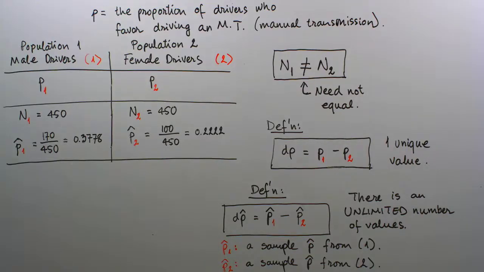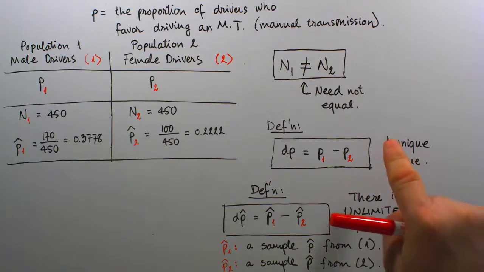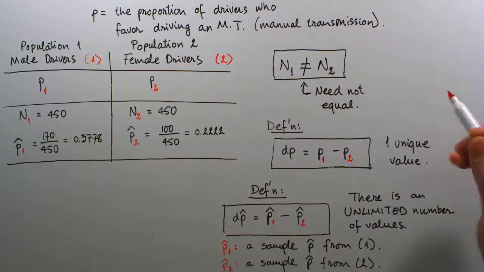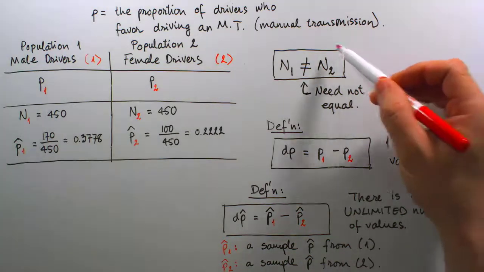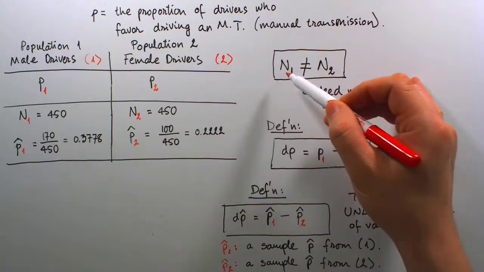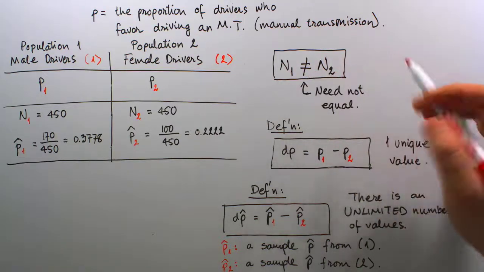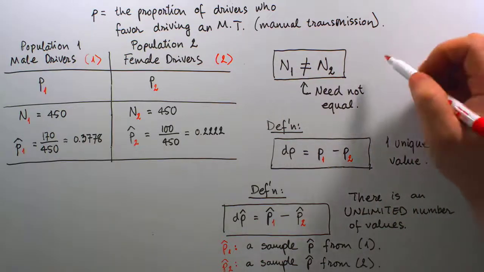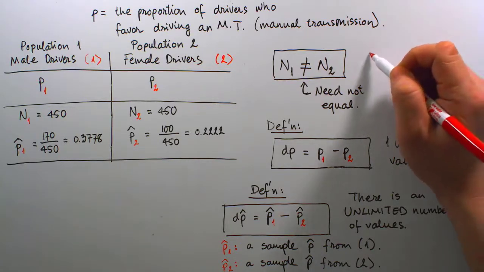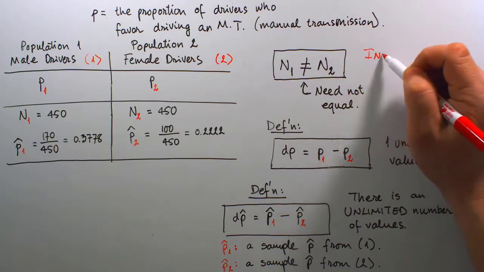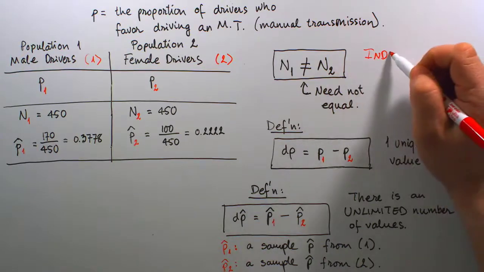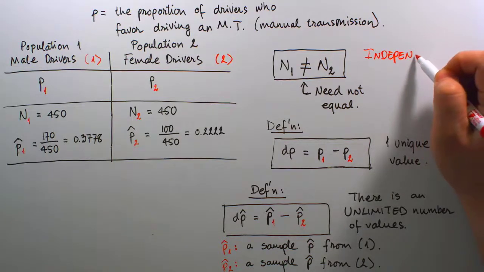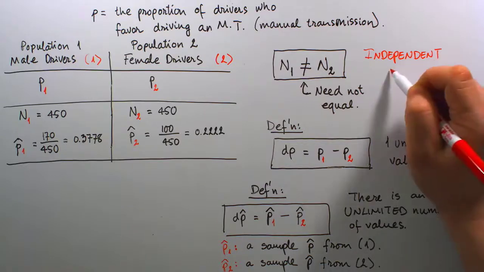And now, before we head out to any problem and set this into an actual example, I would like to mention the reason that it is okay for sample sizes N1 and N2 to be different: the kind of problem we are doing here is regarded as independent, or the samples that we are doing here are considered as independent samples.